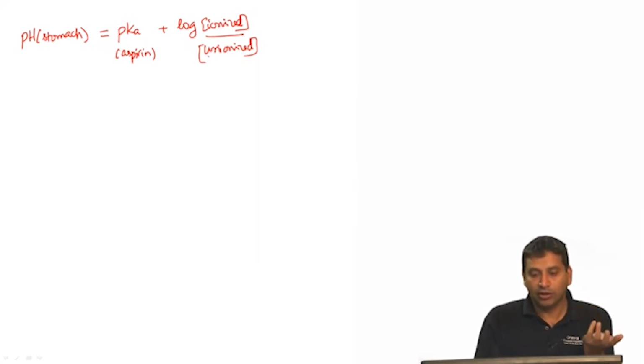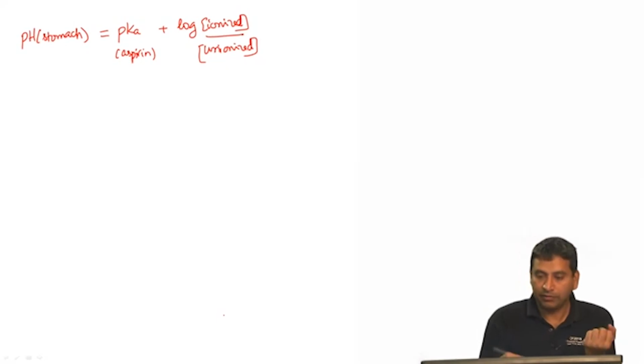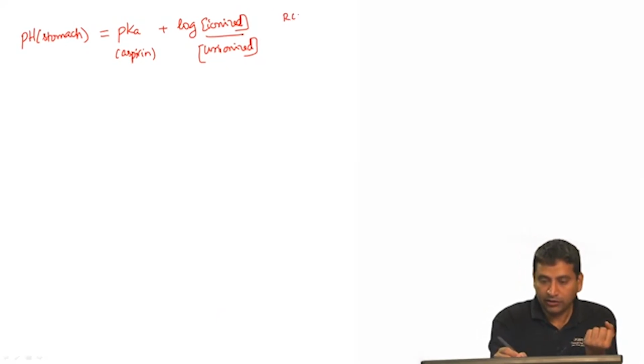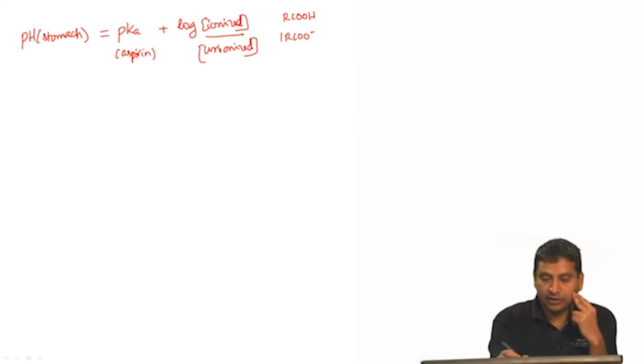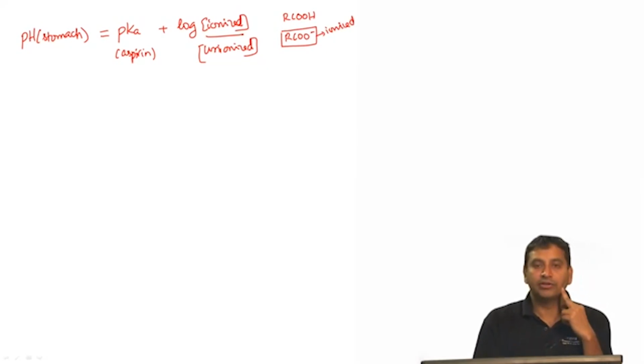In the case of salicylic acid, we have RCOOH and RCOO minus. The ionized form is RCOO minus and RCOOH is the unionized form.